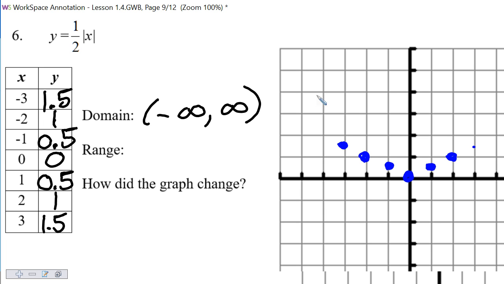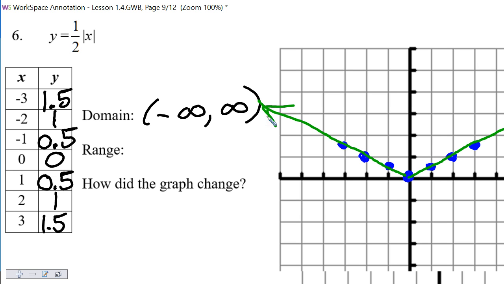And if we do the math correctly and plot the points correctly, it will make a V. And make sure you put your arrow showing it keeps going up. And what does range mean? The y value.